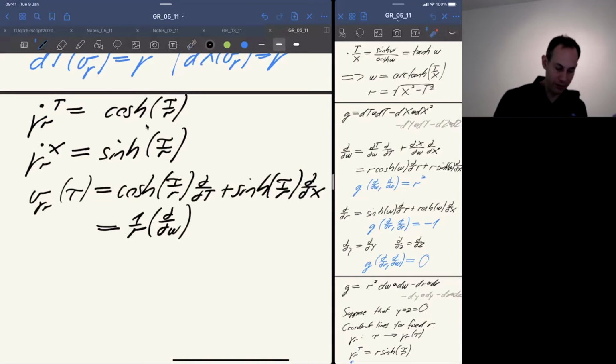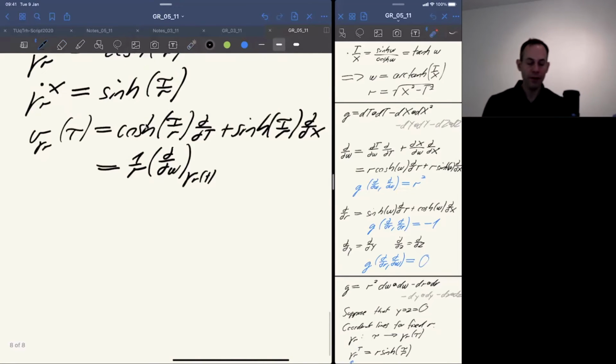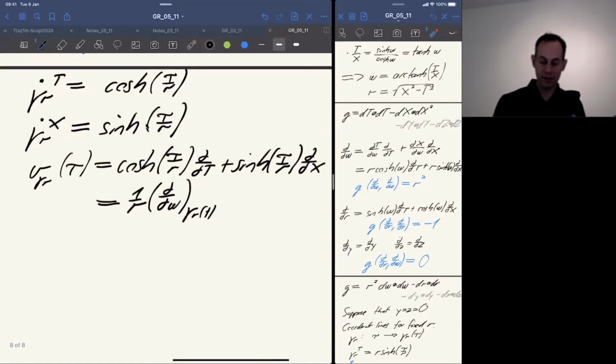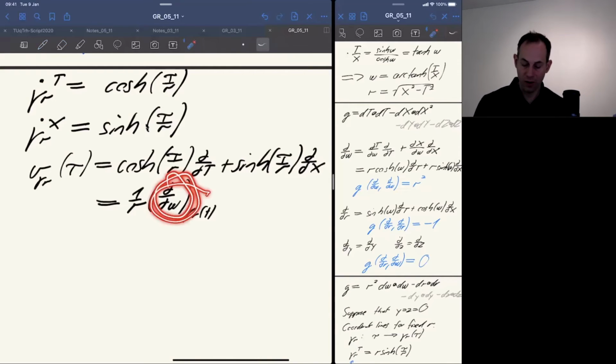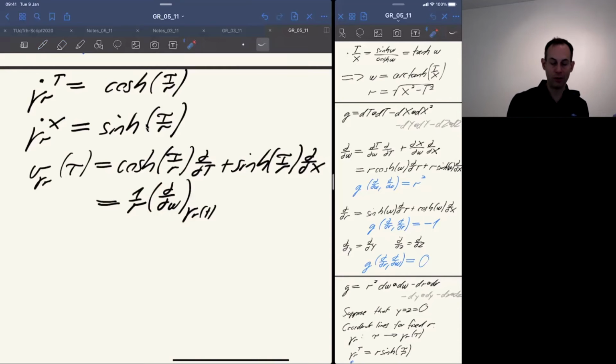Of course, everything should be evaluated at the point gamma r of tau. That's also true above, but I write it down here explicitly. Now you see that indeed this velocity has length 1. That's now obvious because you already know this vector here has length r. That's what is written here, and the prefactor here cancels out. I mean, it's also already clear from this.